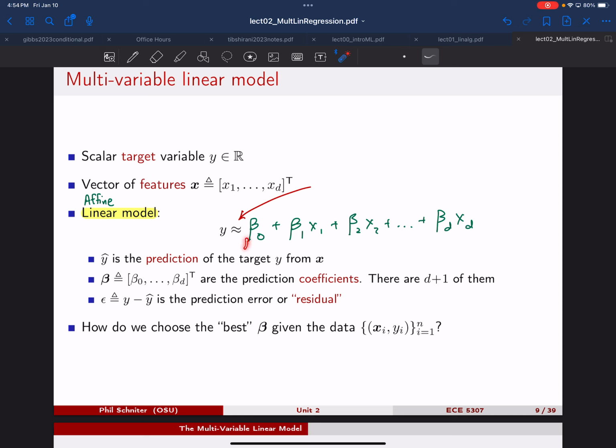Now, we want to have a name for the right side of this. This is the prediction we're making. And for that name, we're going to use y hat. So in this class, whenever there's a hat, that usually means this is an approximation or an estimation of some quantity. In other words, we're saying that the prediction, y hat, is approximately equal to the truth y, at least if I can somehow set the betas in the proper way.